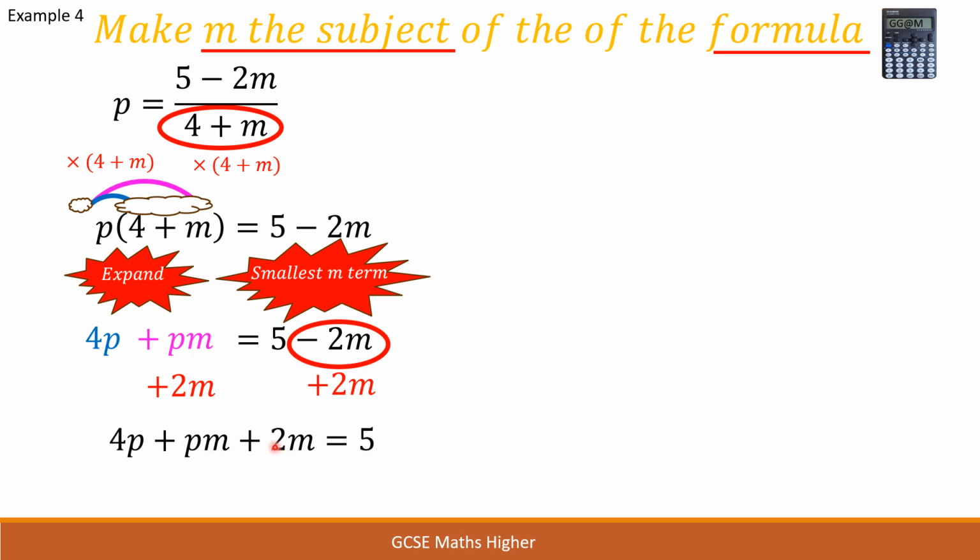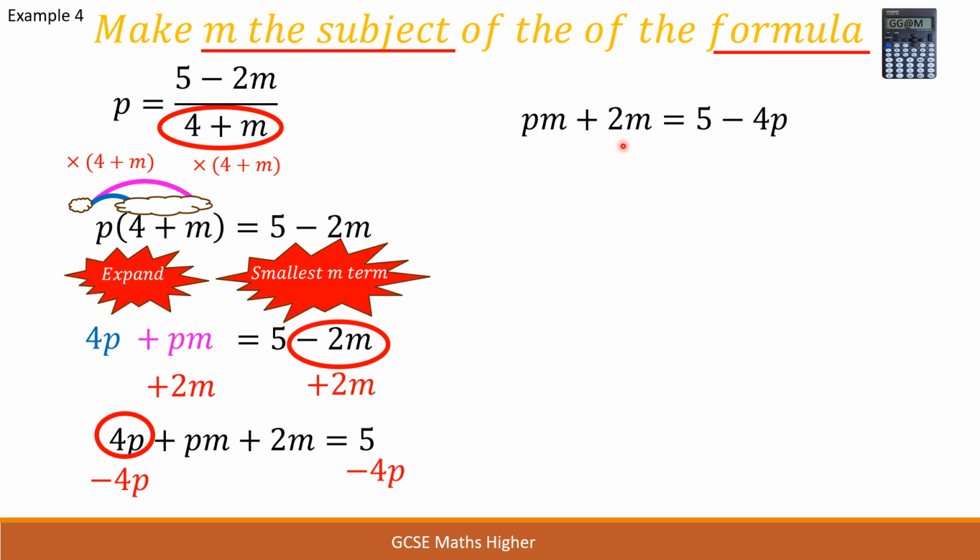Now I only want the m terms on the left hand side, so I need to get rid of this other term, which is the plus 4p. Now the opposite to plus 4p is subtract 4p. So I'm going to subtract 4p from both sides. When I subtract 4p from the left hand side, that just disappears, leaving me with pm plus 2m. And then I will just write down 5 minus 4p.